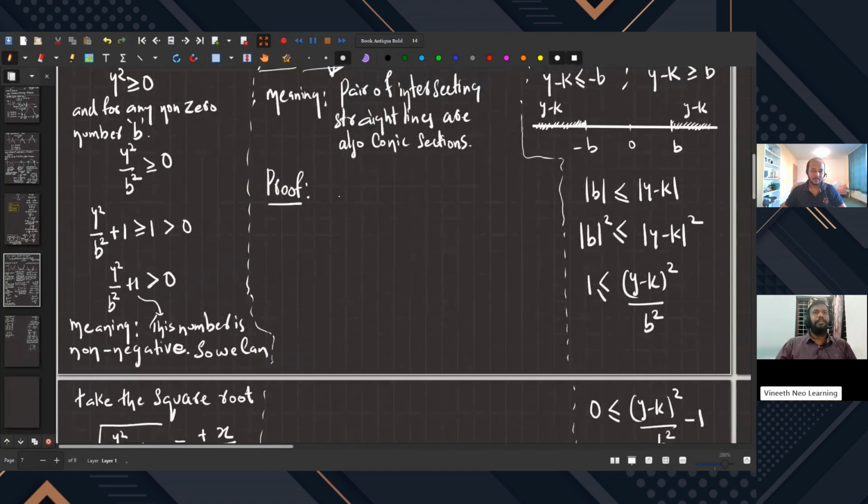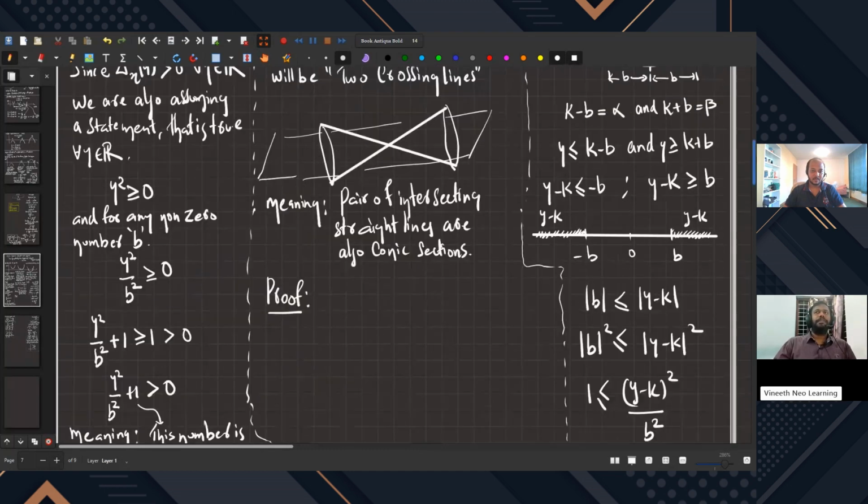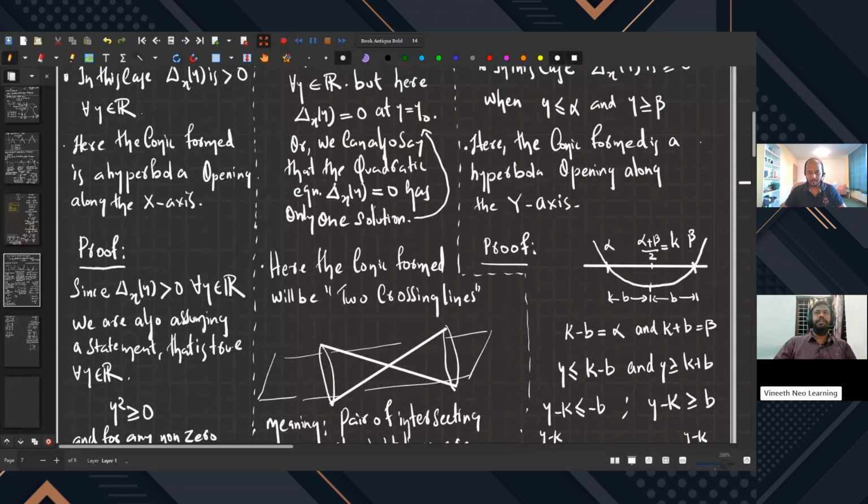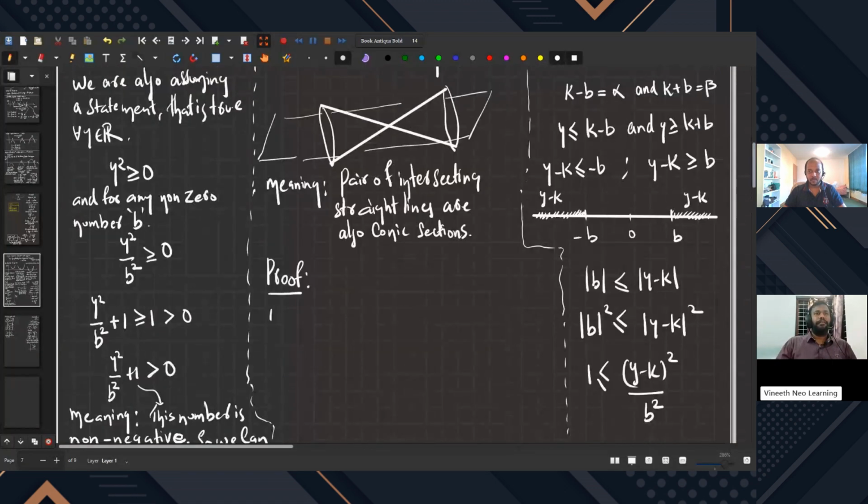To find that point, let's first solve this quadratic equation, first solving delta x of y equal to 0.